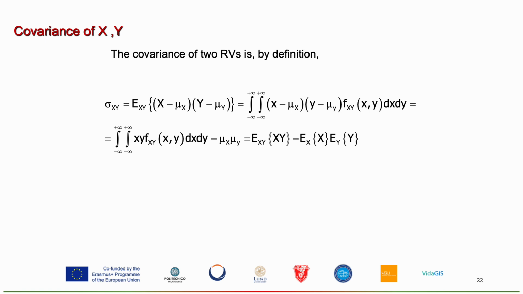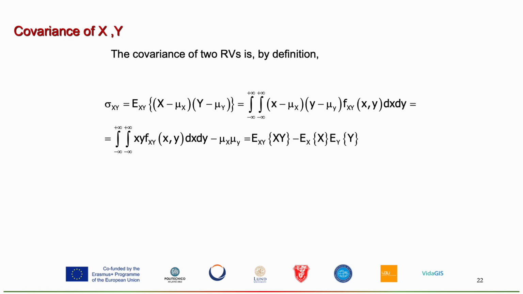From a numerical point of view, it can be computed as the double integral over x and y from minus infinity to plus infinity of x minus mu x, y minus mu y multiplied by the joint density distribution.